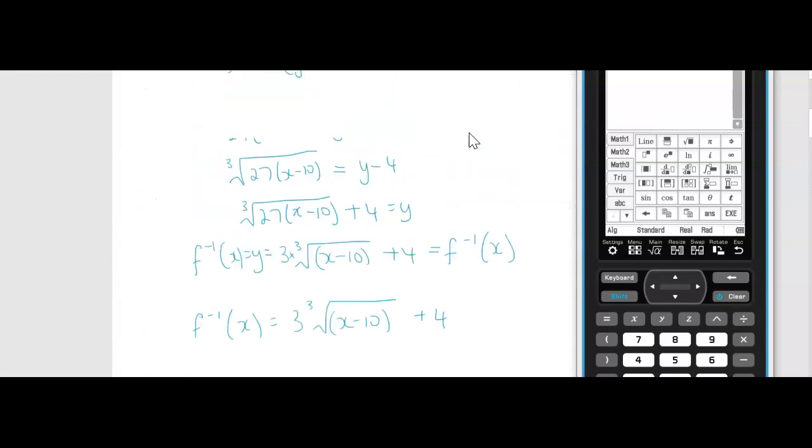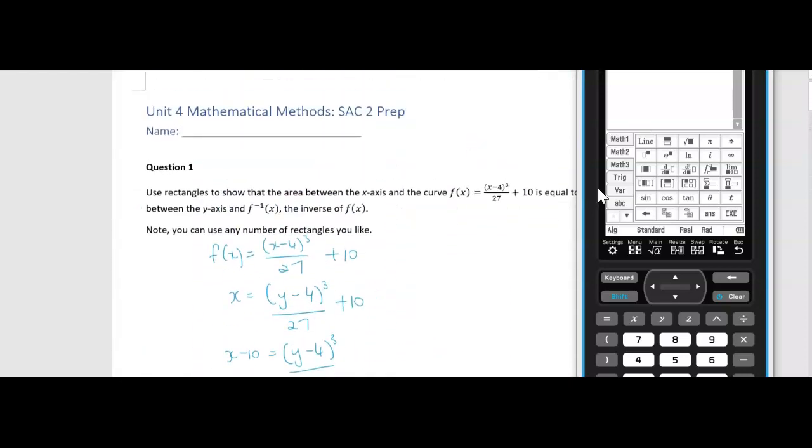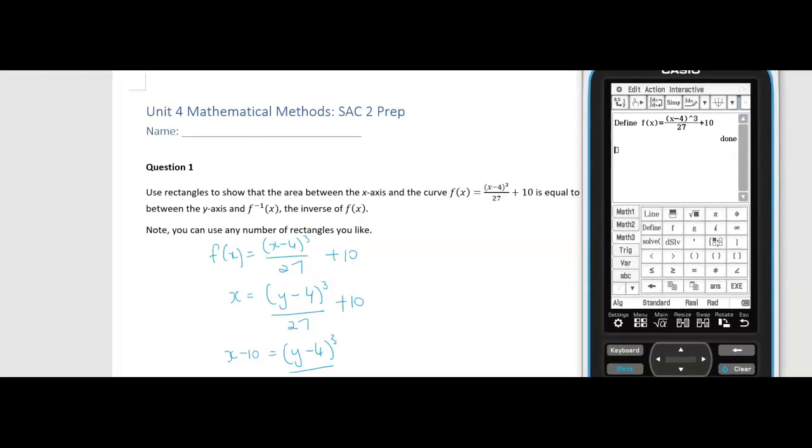Okay, so let's put define into your calculator. Let's define that function. All right, and then we've got x minus 4 cubed over 27 plus 10. And you can't see that on my calculator, so I'll just drag it down.